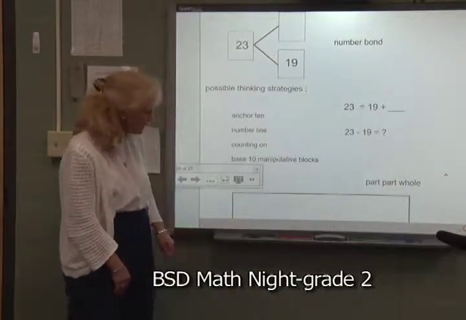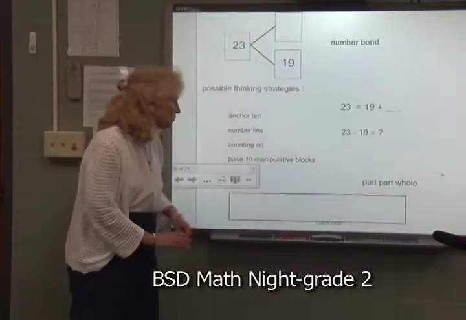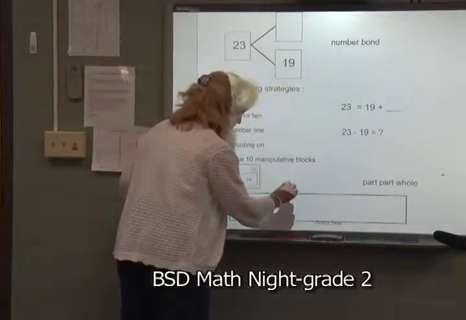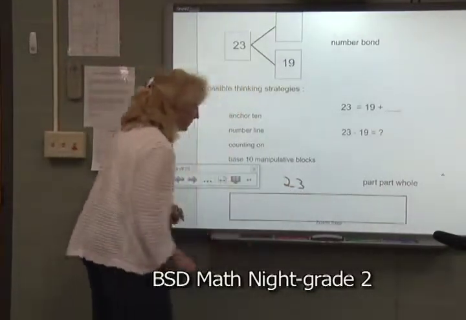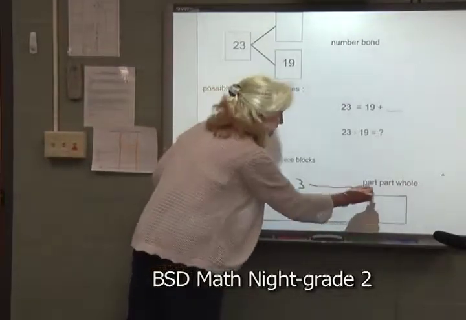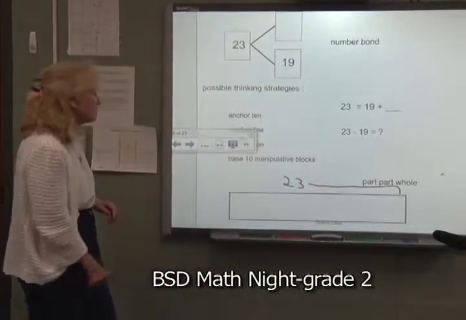Should I see the bottom of the model, Sally? There we go. So I know the whole is 23.